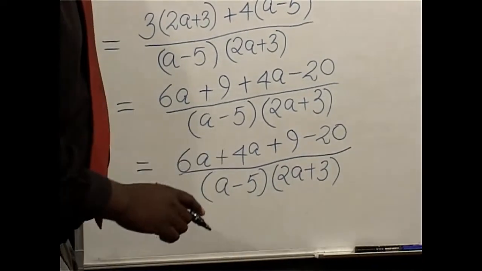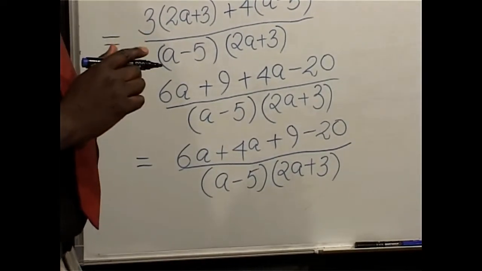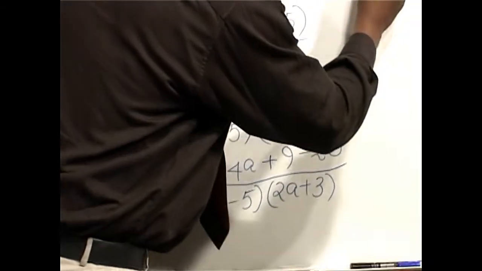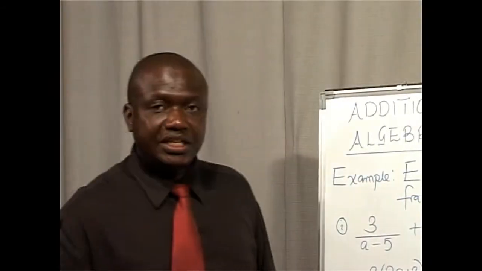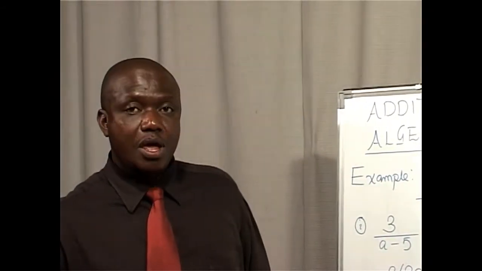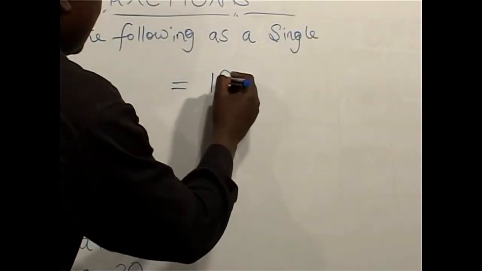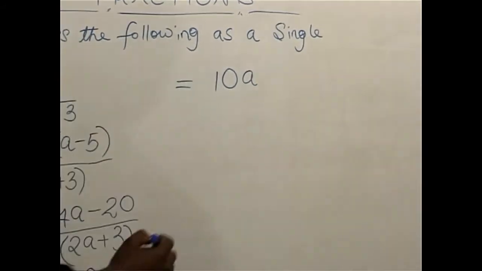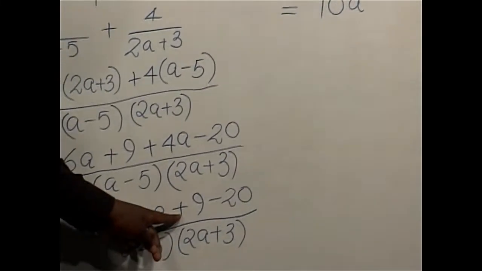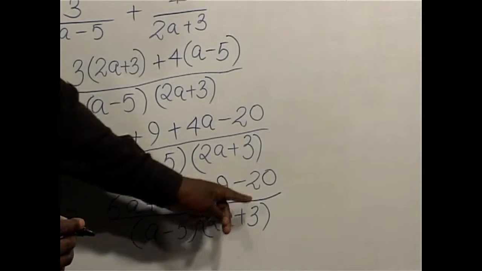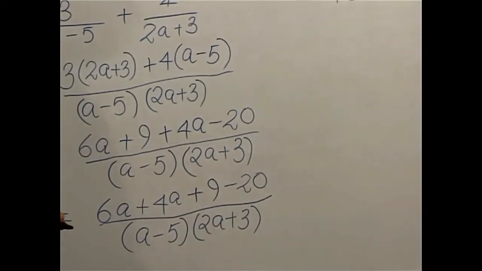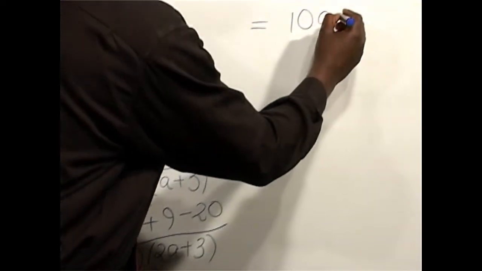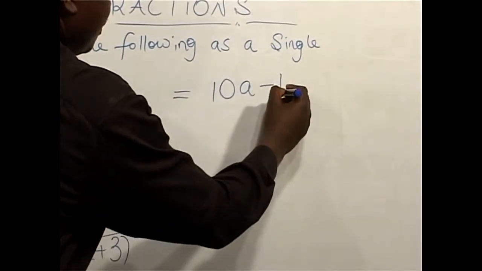These two must now be expressed as a single term. So we move on. 6a plus 4a gives us 10a. Then we have positive 9 and negative 20, which should be able to give us negative 11.